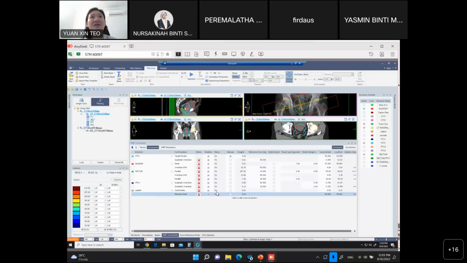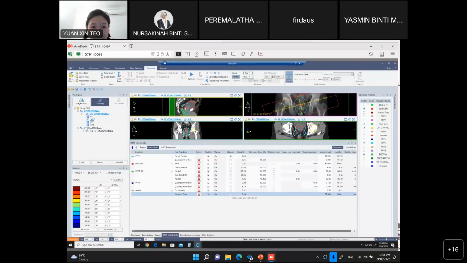You must have at least these two, then only will the plan be optimized. Okay, so for this plan, my doctor gave me a PTV1 as my target volume. So there are a lot of cost functions to play with.